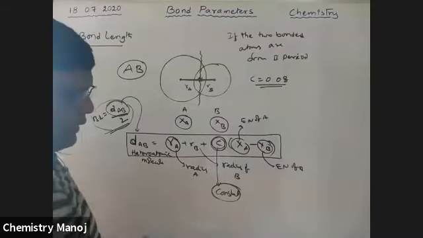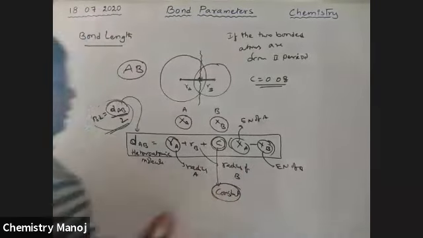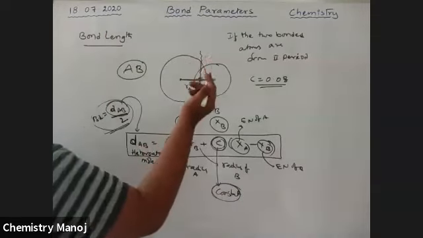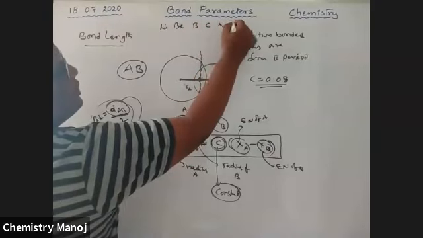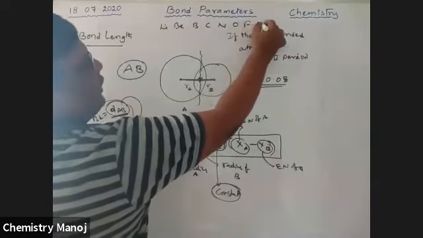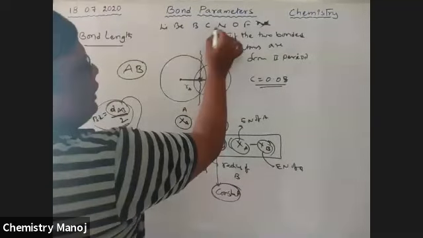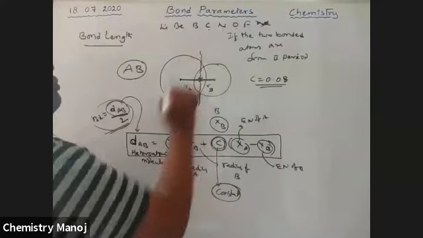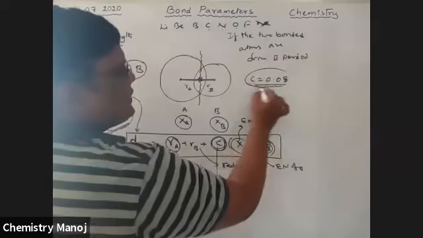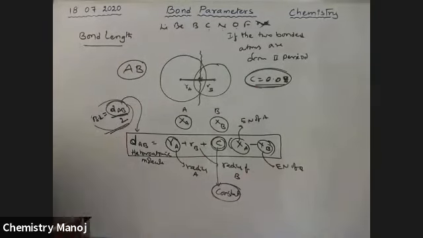See, my dear boys, the second period elements are lithium, beryllium, boron, carbon, nitrogen, oxygen, fluorine, and neon. Neon is generally not involved in bond formation. So if the bond is between carbon and nitrogen, carbon and oxygen, or nitrogen and oxygen, C is considered as 0.08 for those second period elements.